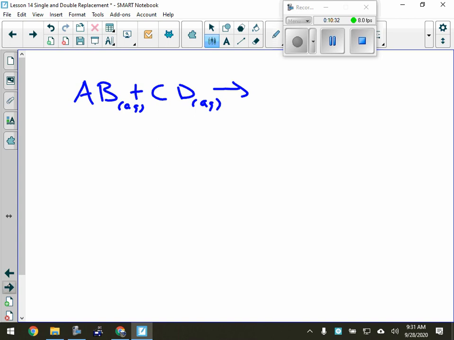And what usually happens is the positive ions switch places. There's only one type of double replacement, we're only going to switch the positive ions. So we're going to end up with CB and AD.